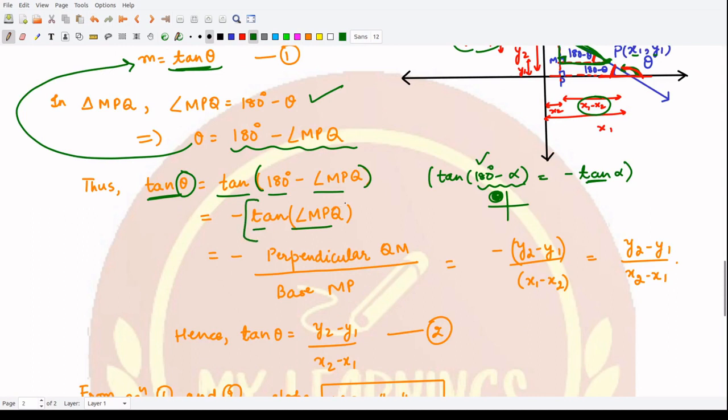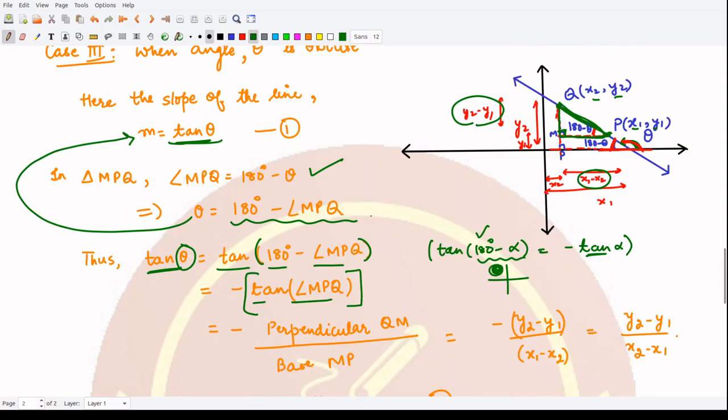Now what is the value of tan of angle MPQ? What is angle MPQ? This is this particular angle. Let me highlight it also, this angle. For this angle we want to calculate tan, so it would be equal to perpendicular divided by base. So what is the perpendicular corresponding to this? It is this QM, right?